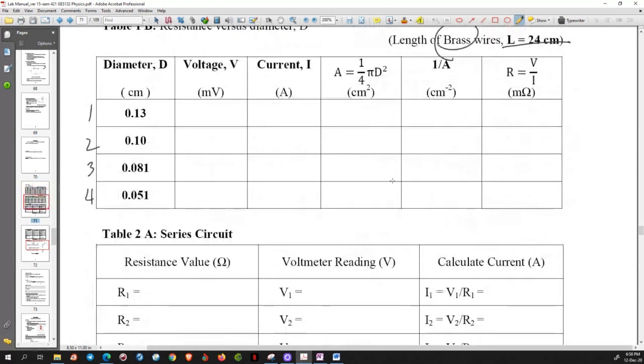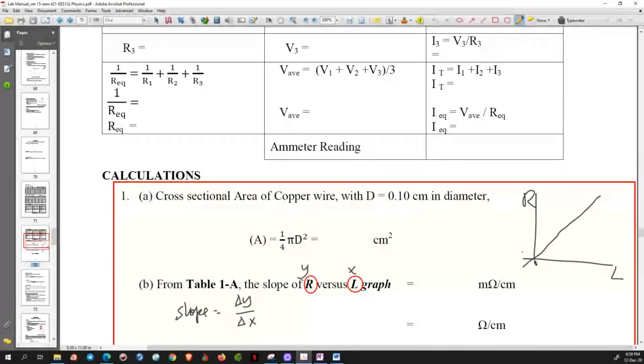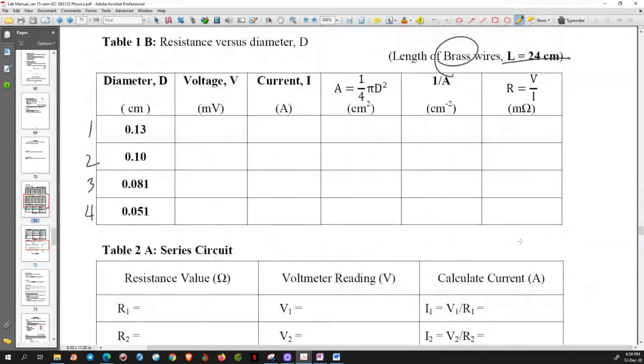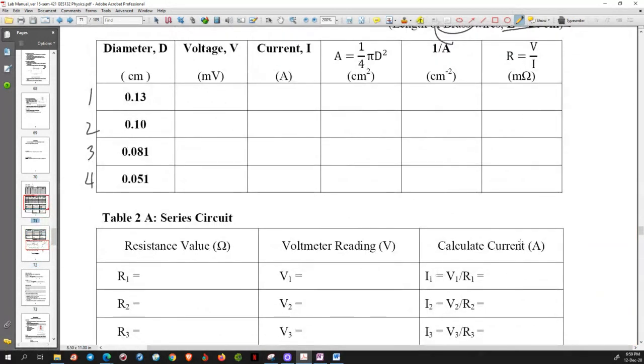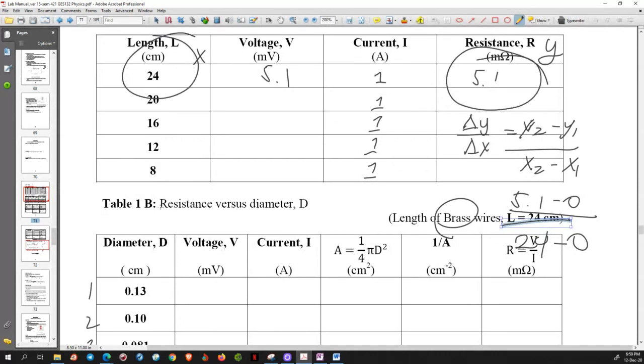Look at the graph. It goes to 0, and 0 is also a point. So you can use any number, not even the biggest one, okay? In this case, I will take, for example, 5.1 minus 0 over 24 minus 0. So you get the idea? You can do minus 0.